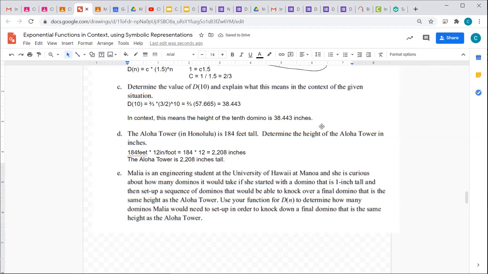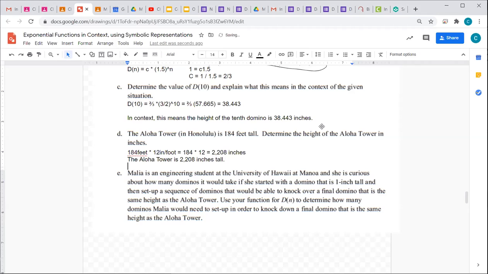So Malia is an engineering student at the University of Hawaii at Manoa, and she's curious about how many dominoes it would take if she started with a domino that is 1 inch tall and set up a sequence of dominoes that would be able to knock over a final domino that is the same height as the Aloha Tower. Use your function to determine how many dominoes Malia would need to set up in order to knock down a final domino that is the same height as the Aloha Tower.